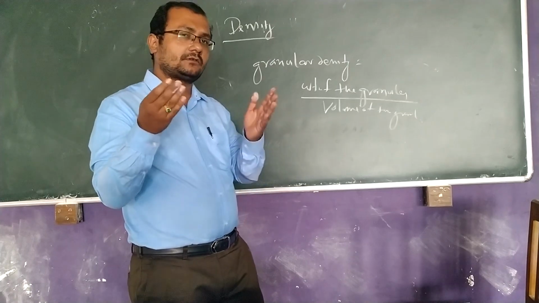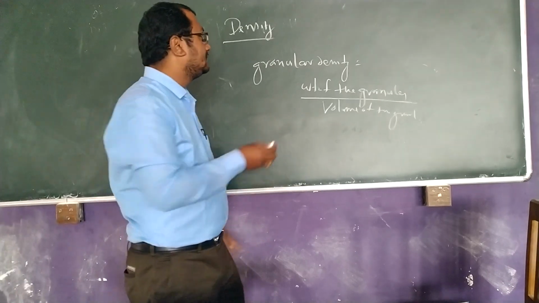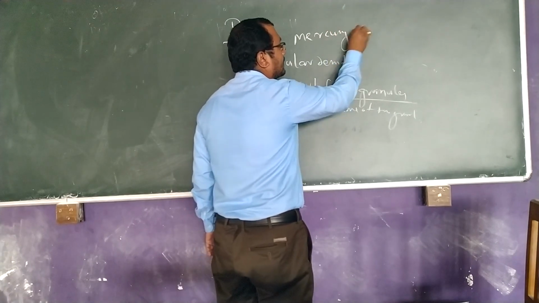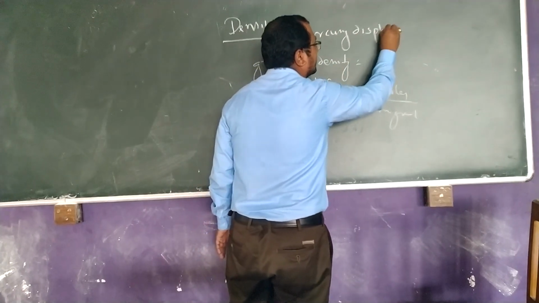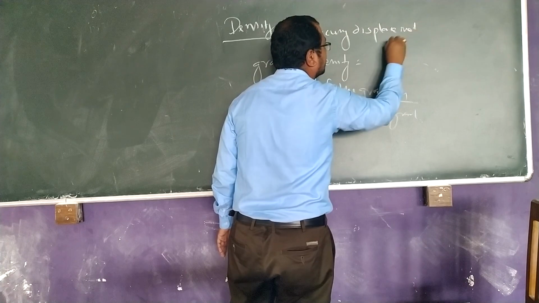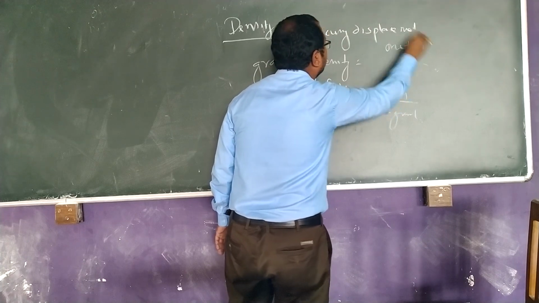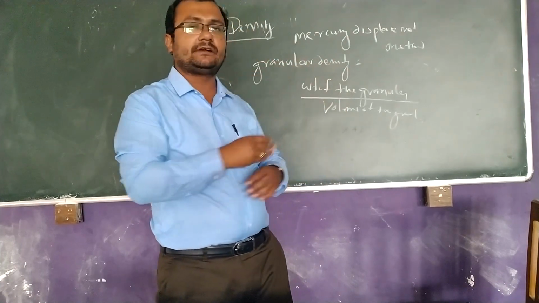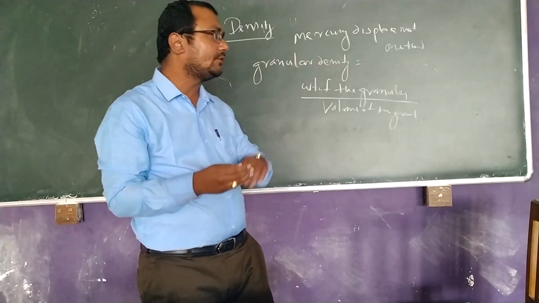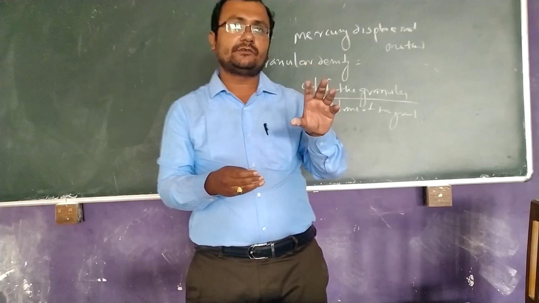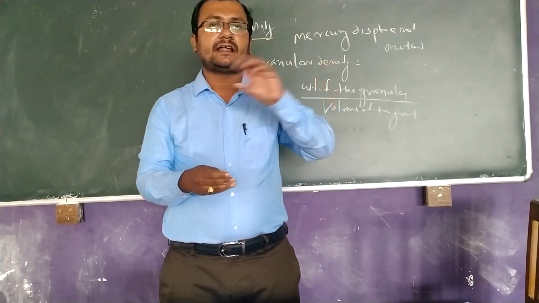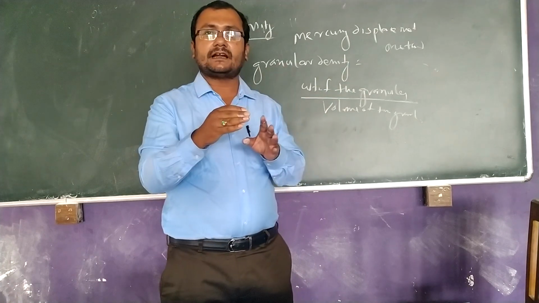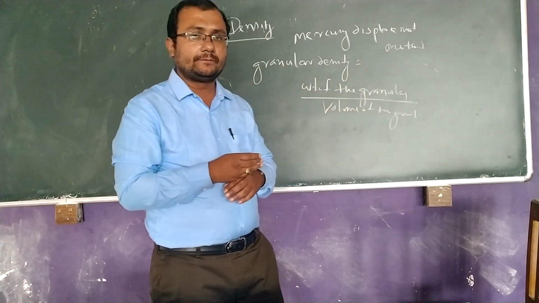Generally we have to conduct a test known as the mercury displacement method, which comes under the liquid displacement method. We take accurately weighed granules and add mercury.